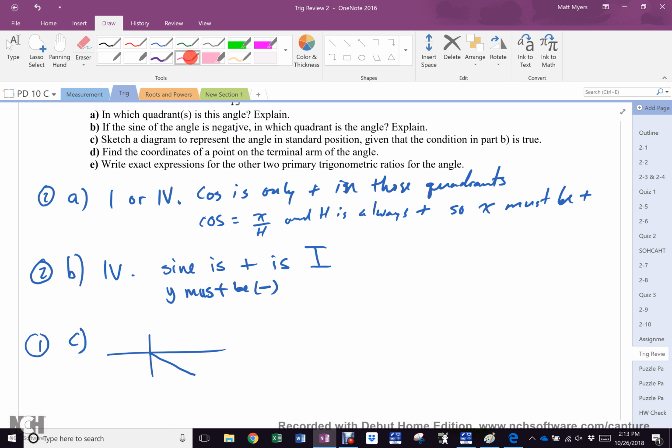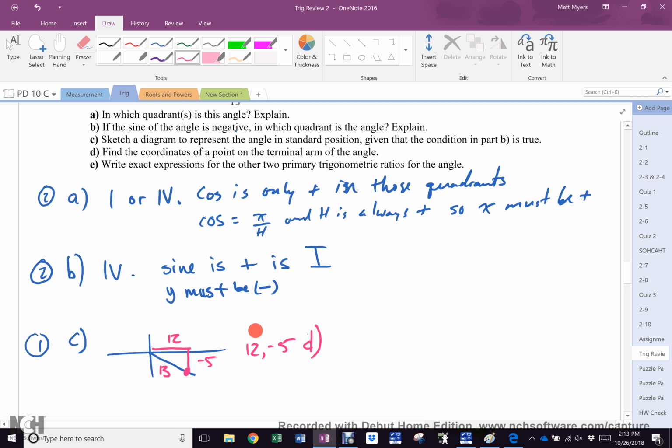The coordinates are, of course, 13. And this is, of course, what? -5, and this, sorry, I should have drawn that. This is -5, and this is 12. So what are the coordinates of that point? 12, -5. That's D.